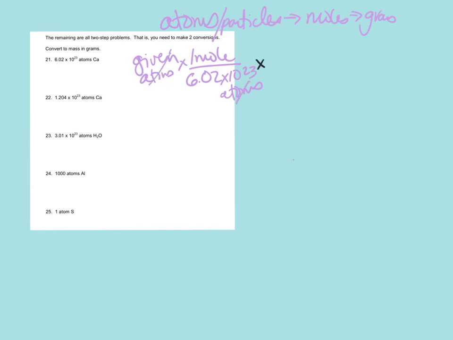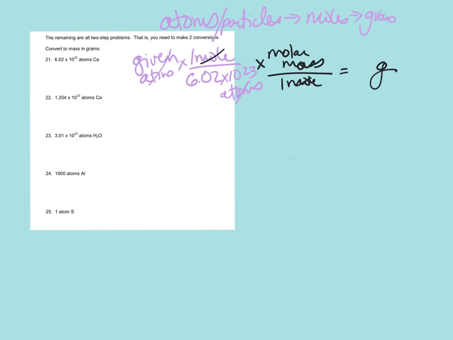Then, since we have moles on the top and we want grams, we could add molar mass over 1 mole. Moles will cancel and we'll be left with grams. So you can put the parts of the conversion together, or you can do them separately: do the first one, atoms to moles, solve that, and then use that answer to go from moles to grams.